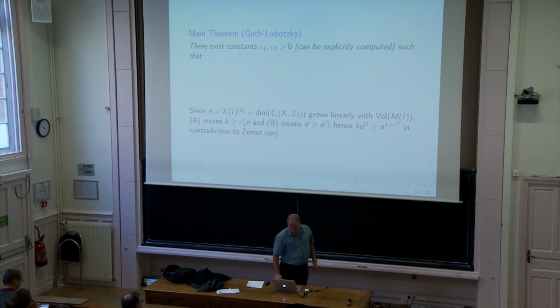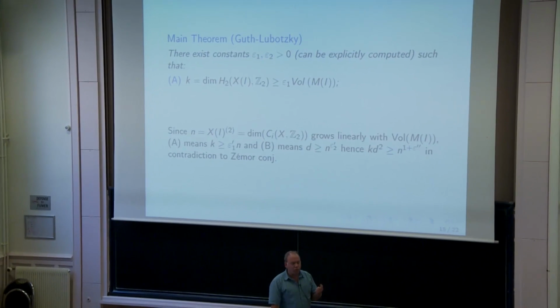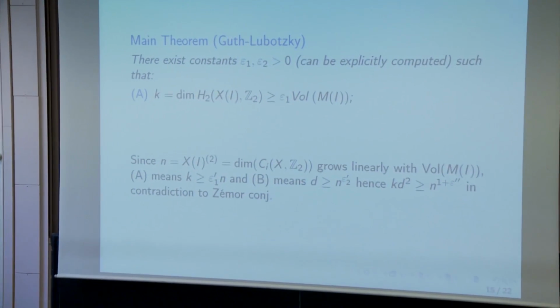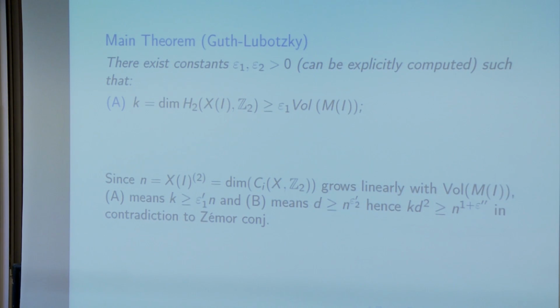And this is the main result. There exist some constants, which are even explicit if you really want to compute them. We didn't want to because it's a lot of work. There exist some constants such that the dimension of H2, you remember H2, the homology, is the same as the cohomology, grows linearly with the volume.